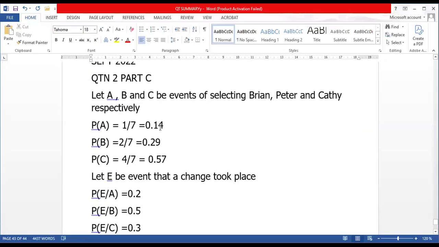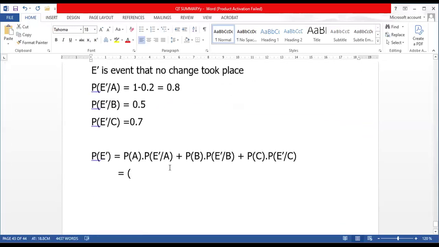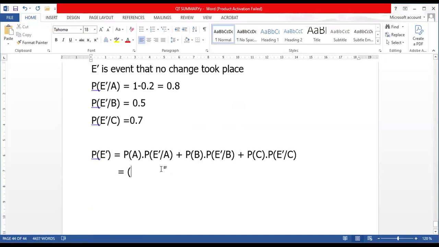The probability of A is 0.14, times 0.8. Then plus, what is the probability of B?